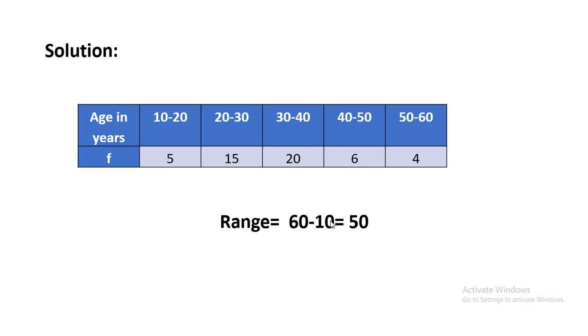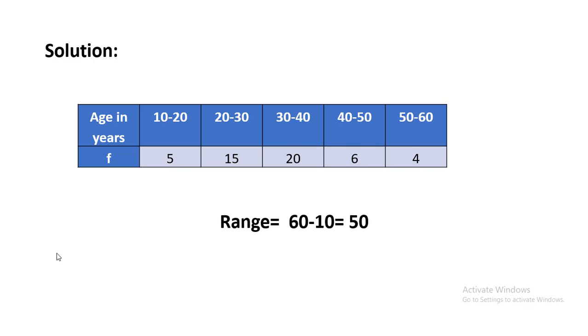When the data itself is organized and we are asked to find the range, we'll look at the table and find the range, because in this case we're not given simple random observations and we're not asked to group this data. We're just given this grouped frequency distribution and we are simply asked to find the range. The procedure is to take the maximum observation minus the minimum observation.